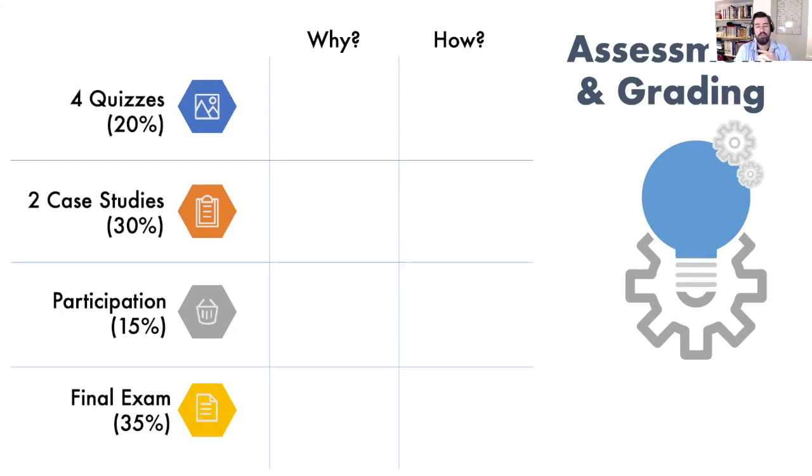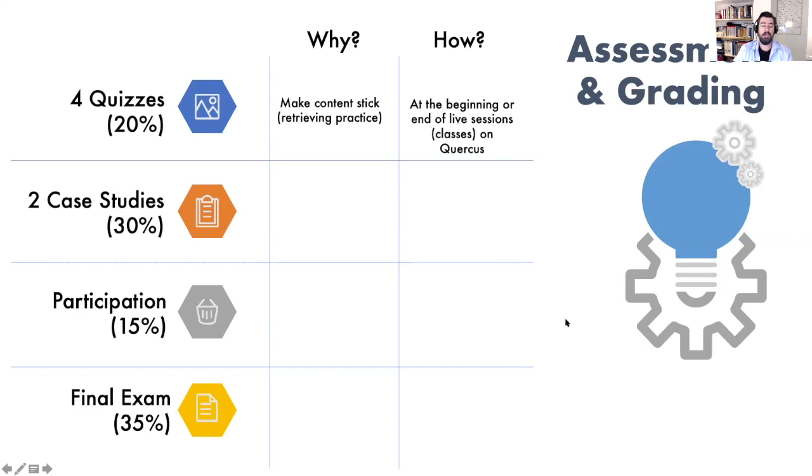So we're going to use quizzes, which is 20% of your grading. We're going to have 4 quizzes. We're going to have 2 case studies, which is 30%, so 15 and 15%. 15% is going to be for participation. And then we're going to have a final exam of 35%.